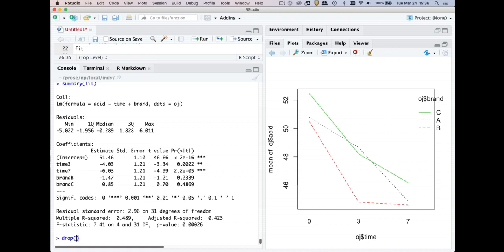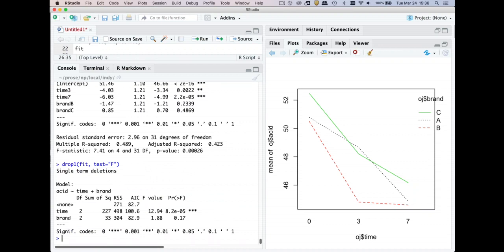Let's go do our drop 1. So drop 1 on fit. Let's again get our F statistic. And so notice we have slightly different lines here. Let's go look at the brand line. And the question is, what does this brand line tell us?